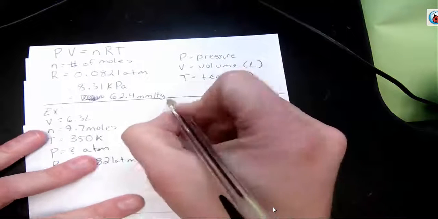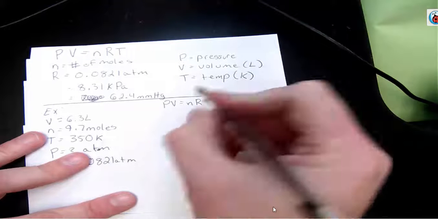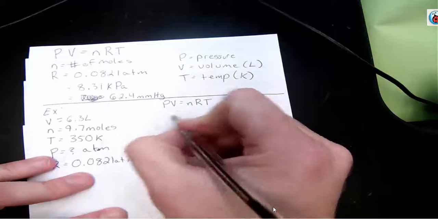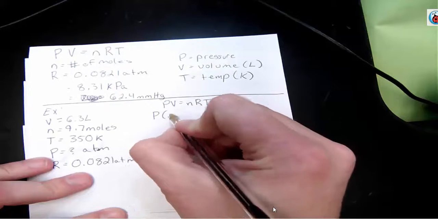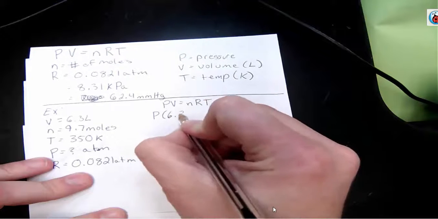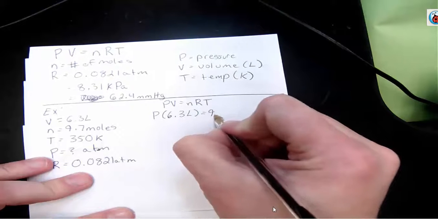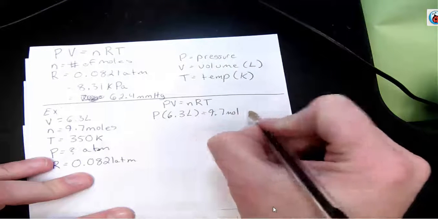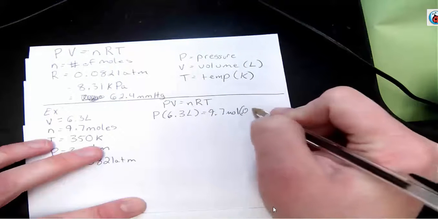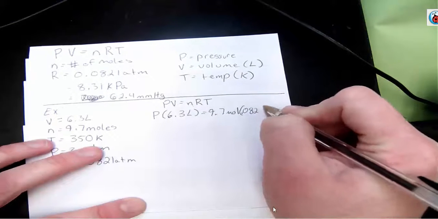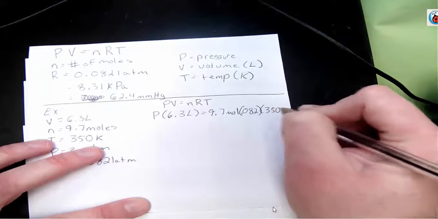So we put into our formula, so here's our formula, PV equals nRT. We're looking for the pressure, 6.3 liters is our volume, 9.7 moles, 0.0821 is our gas constant, and our temperature is 350 Kelvin.